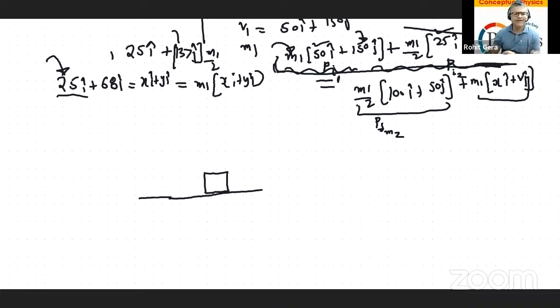It explodes. A small piece of it, which is around 25%, so 1/4 of it, moves towards the right side with a velocity of 5 meter per second.